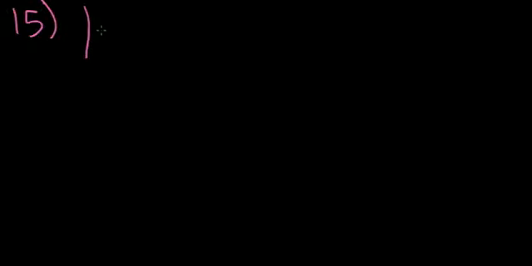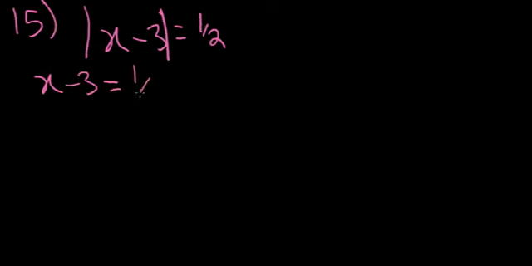So the absolute value of x minus 3 equals 1/2. What is the least value of x that satisfies the equation above? Well, what do we know from absolute value? If the absolute value of x minus 3 equals 1/2, then we know that x minus 3 could equal 1/2, or x minus 3 could equal minus 1/2.